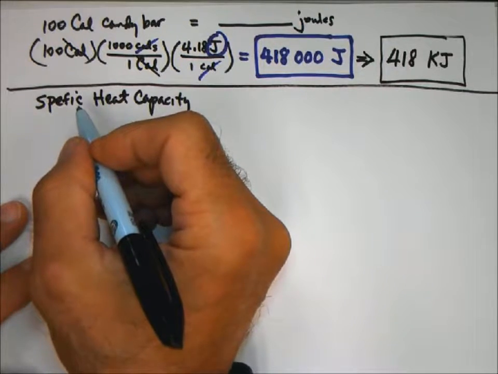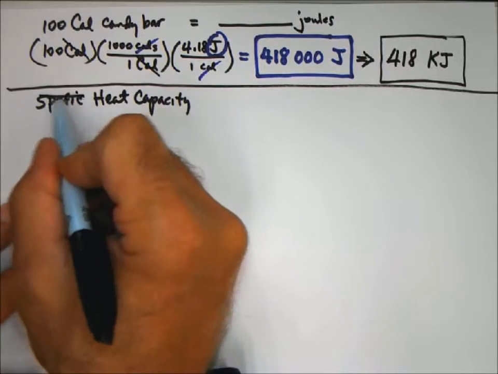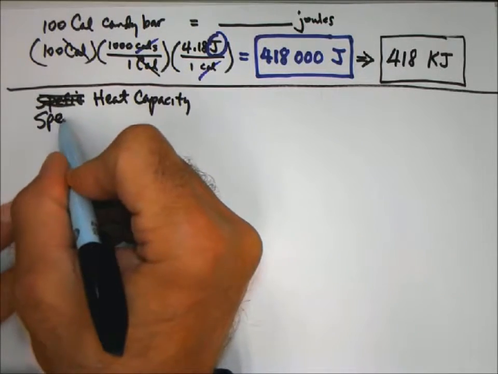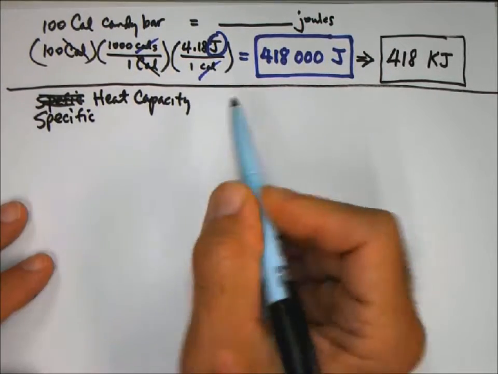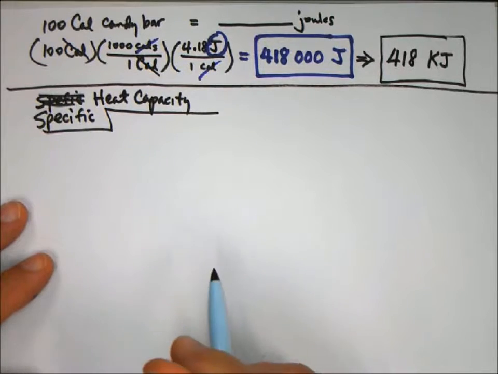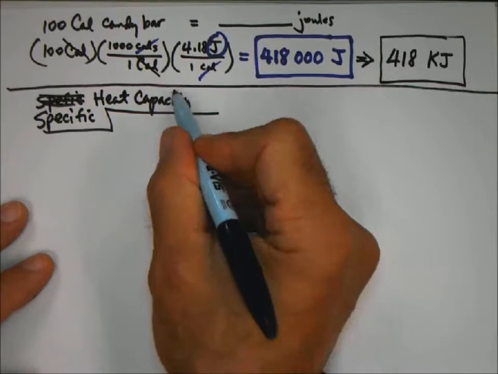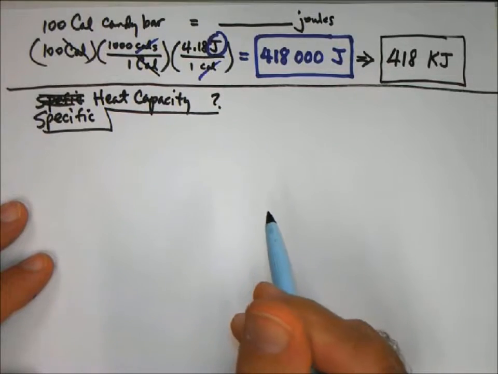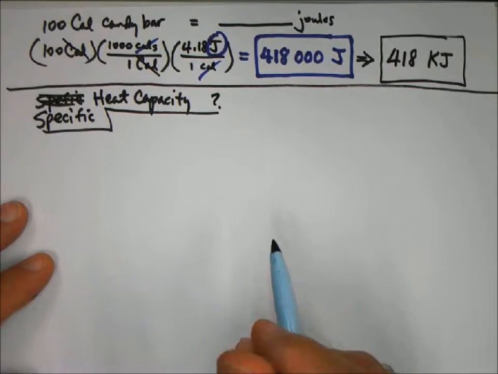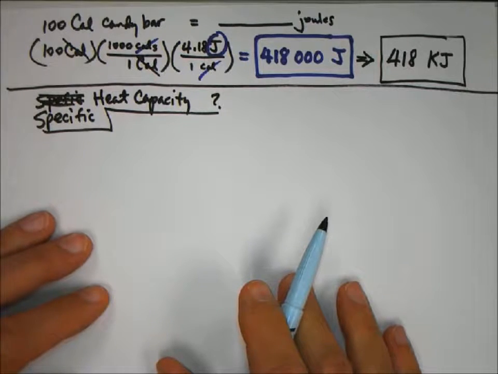Let's try that again. Specific heat capacity. Alright, what the heck is that? Well, we need to know what that means. Let's try to get a little bit of a feel for it first.